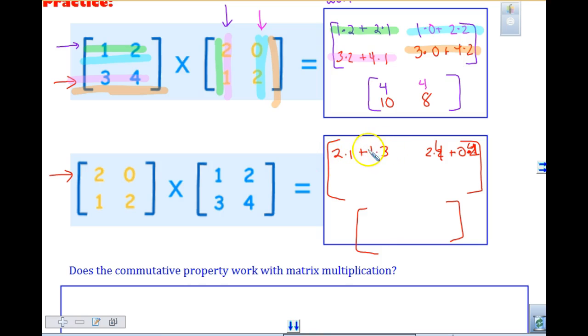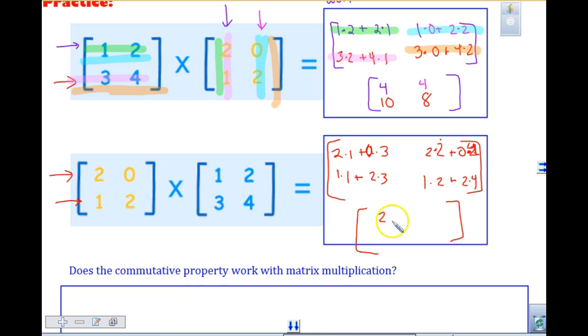Okay. So 0. My fault. And then it is 2 times 2. Keep me on track here. 0 times 4. Okay. Next, going across, 1 times 1 plus 2 times 3. 1 times 2 plus 2 times 4.